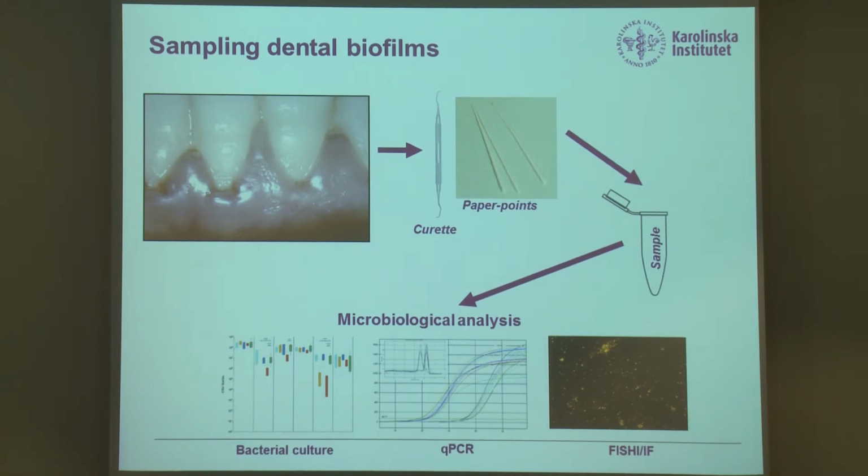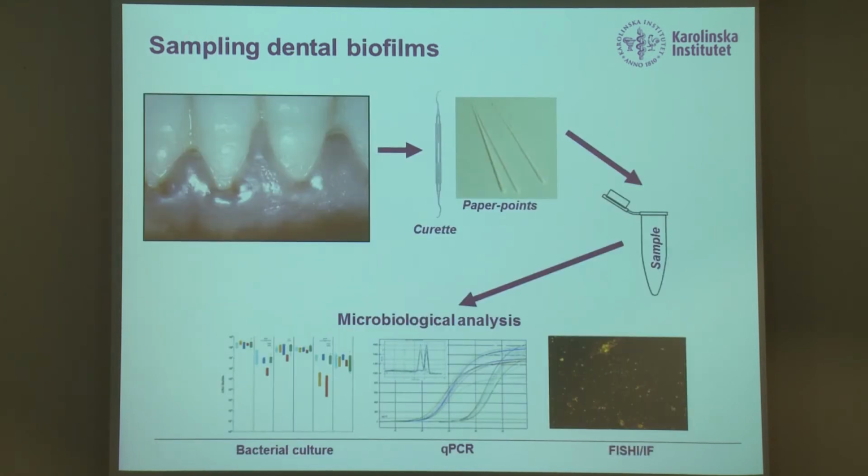Or we can perform fluorescence in situ hybridization or immunofluorescence using 16S rRNA targeted probes or antibodies against different species that we want to observe, and these are tagged with fluorochromes, and then we observe them under fluorescence microscopy to identify them. Of course, there is also a whole new world of identification with high throughput sequencing, more modern approaches, but I won't discuss those on this particular talk.